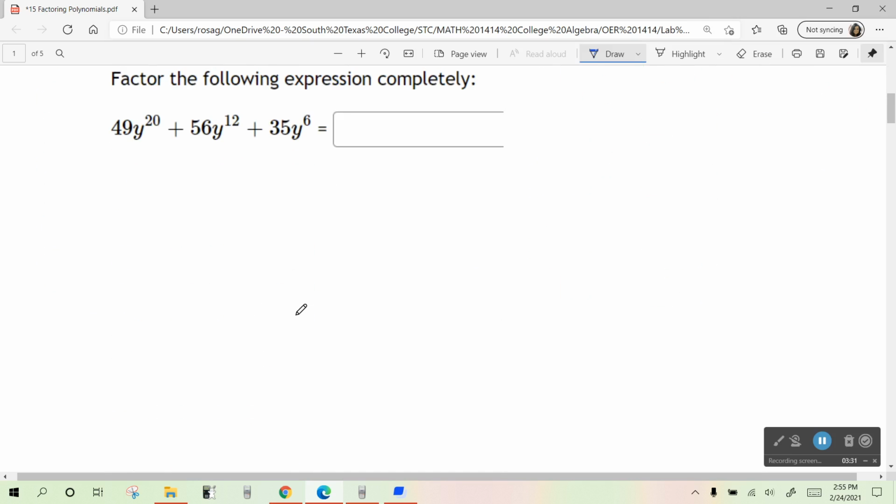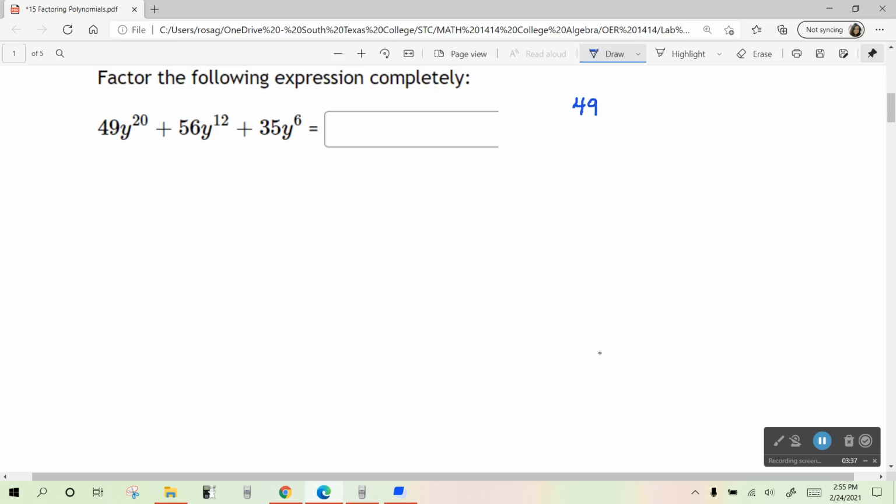So here we have another one. Let's look at the numbers. 49, 56, 35. So 49 is 7 and 7. 56 is 8 and 7, but I can keep breaking the 8, so I'm going to keep doing it.